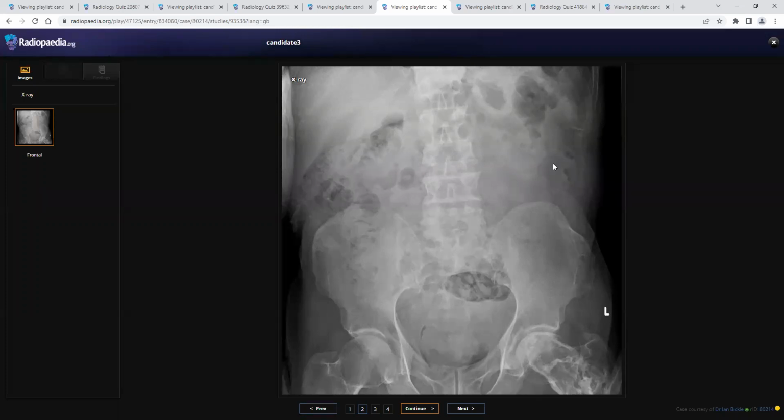I can see an ill-defined mixed sclerotic and lytic lesion in the left upper femoral metaphysis extending to the neck, and it appears to me like an old healed femoral neck fracture.